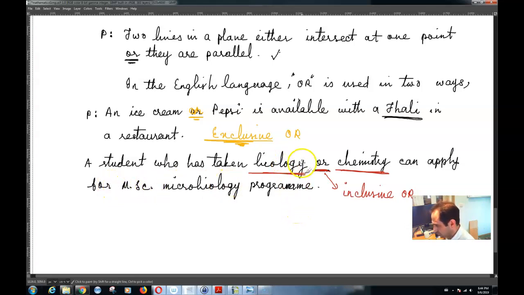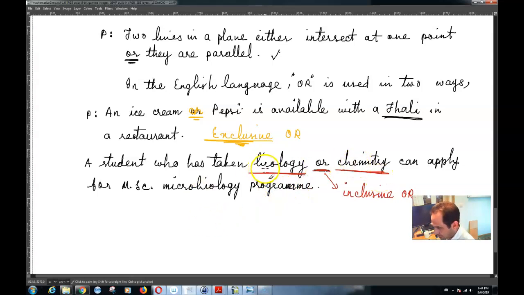What that means is that if the student has taken biology before, he can apply for the MSc Microbiology Program. If the student has taken chemistry before, he or she can apply for the MSc Microbiology Program as well.